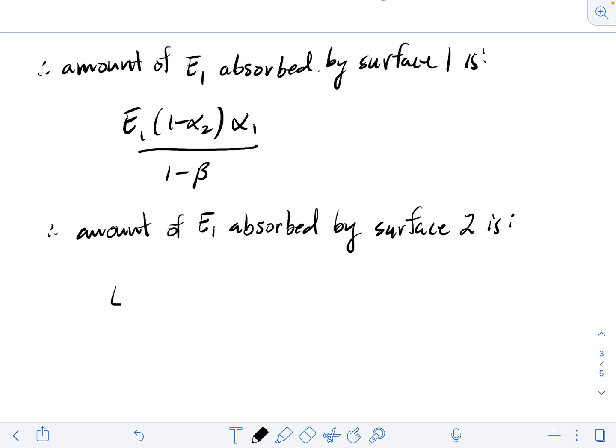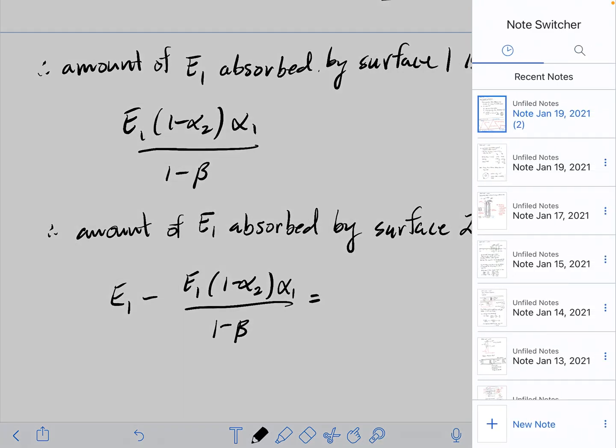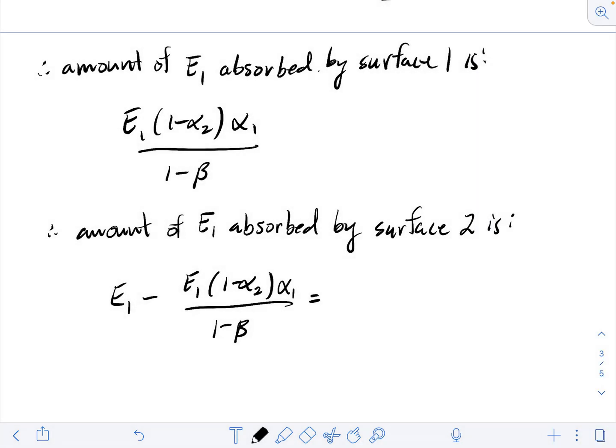But the other thing we could do is say, well, if we know how much was absorbed by surface 1, then whatever's left over must be what was absorbed by surface 2. So if we take the total energy E1 and subtract what we know was absorbed by surface 1, then the remainder is what was absorbed by surface 2.